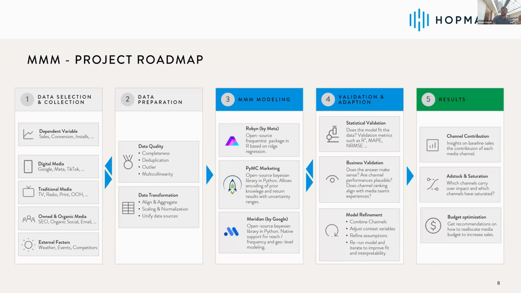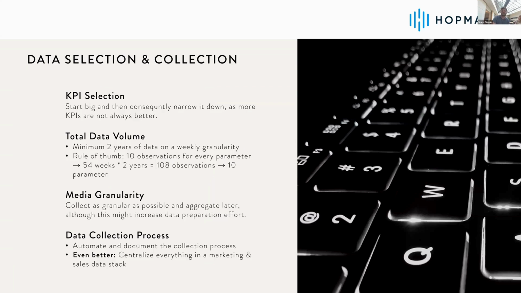So a bit more detail, not too much, on the data selection and collection part. Our approach most of the time is that we really start big with the data. So really think about all metrics, all KPIs, everything that can somehow influence your sales. But then consequently narrow it down.